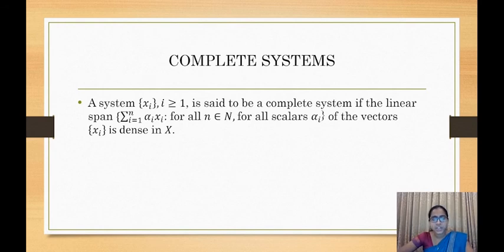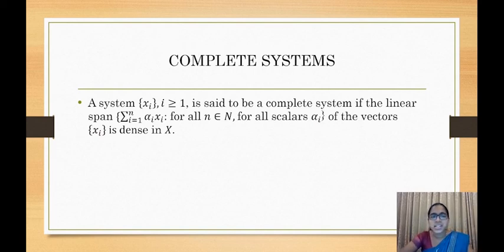Let's see the definition. A system x_i, where i is greater than or equal to 1, is said to be a complete system if the linear span, that is the set of summation i equal to 1 to n of alpha_i x_i for every n and every scalars alpha_i, of the vectors set x_i is dense in X. So don't get confused.